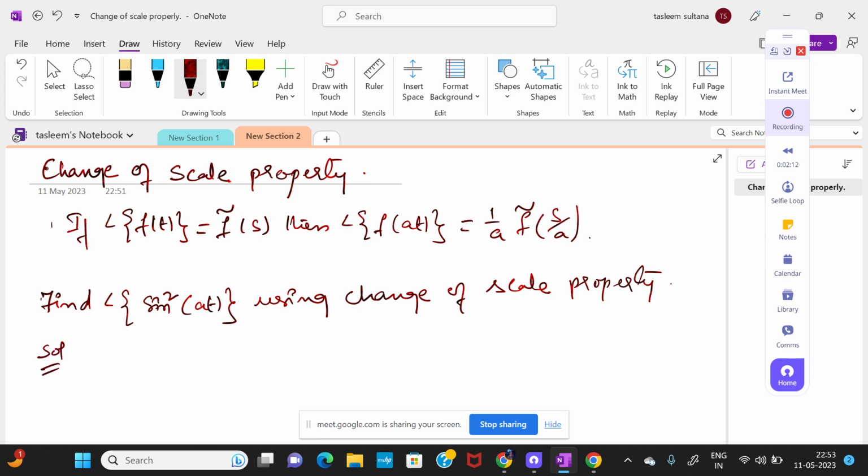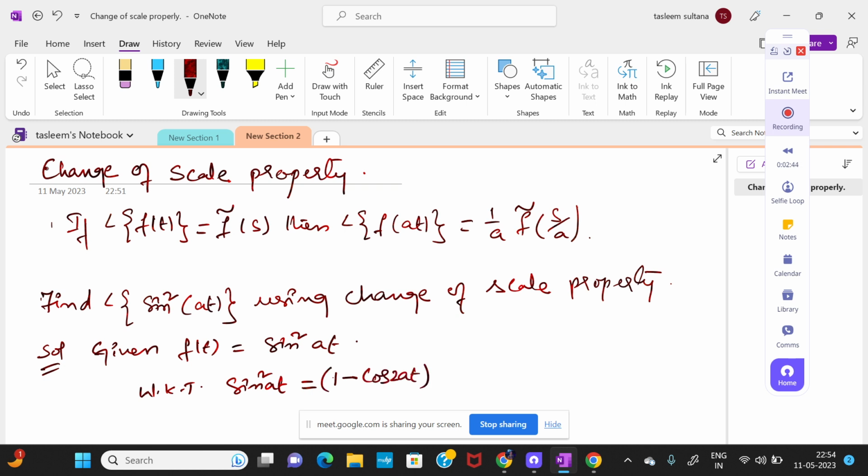Now first, you are given f of t which is equal to sine square at, and how can we write sine square at in terms of cos? We know that sine square at, we can write in terms of cos as 1 minus cos 2at, this whole divided by 2.